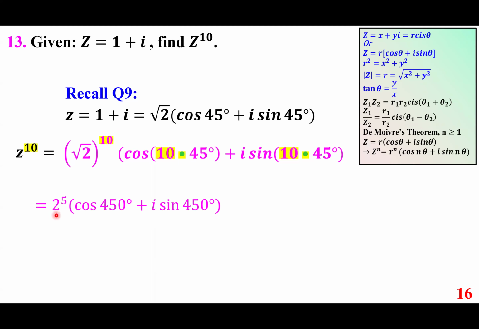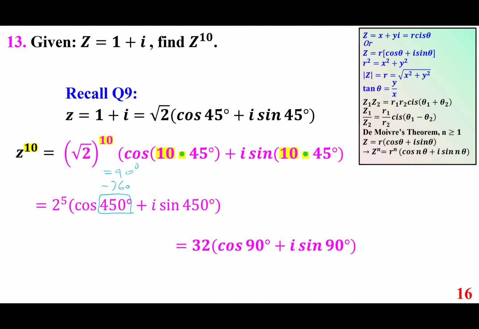2 to the power of 5 is 32. And 450, if we subtract 360, we get the same thing. So we put it into the first complete revolution by taking out multiples of 360 degrees. In this case, one of those 360 degrees becomes 90 degrees.